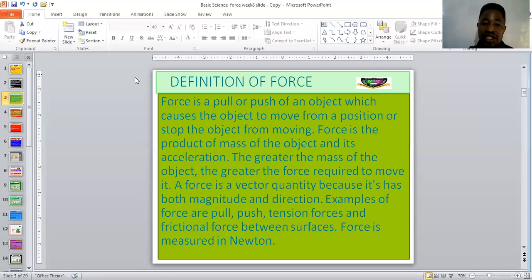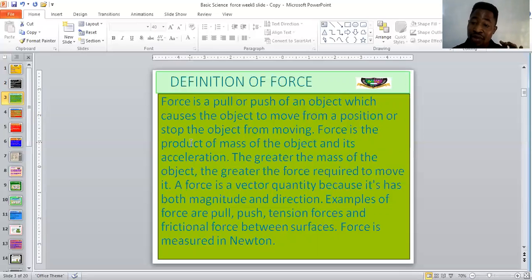I said force is a pull or push of an object which causes the object to move from a position or stop the object from moving. I said that earlier. If you apply force to an object, obviously the object is going to be shifted from where it was before to a new place because you applied force.